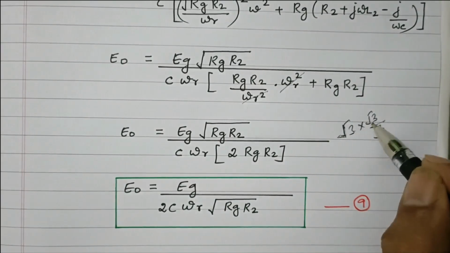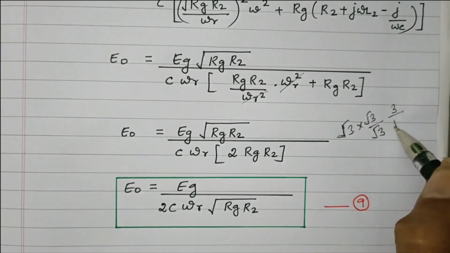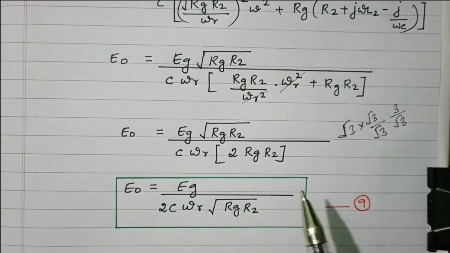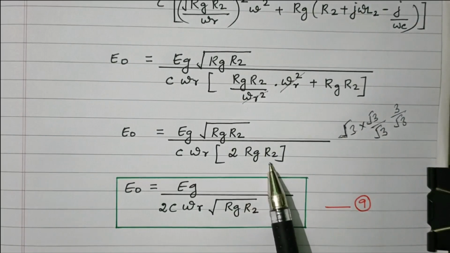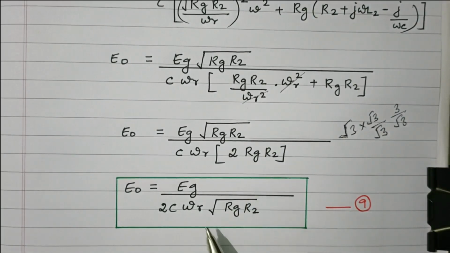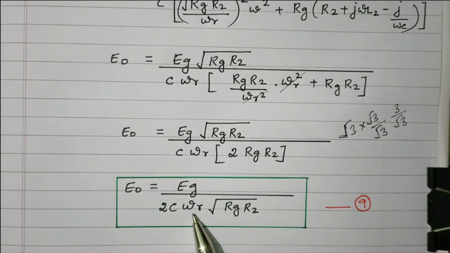So root 3 into root 3 is 3, divided by root 3. Based on that we can have this formula, right? Square root of Rg R2. So finally we have Eg divided by 2C omega R into square root of Rg R2. Take this as equation number 9.